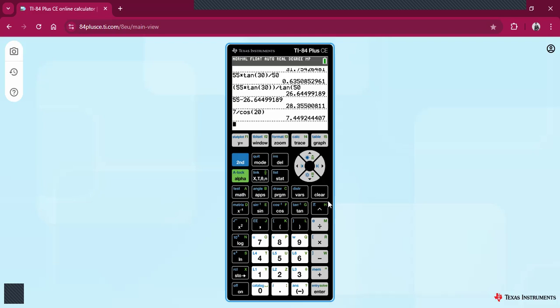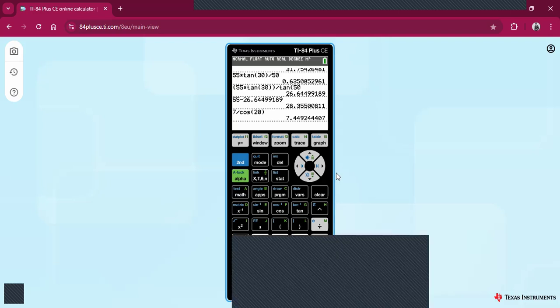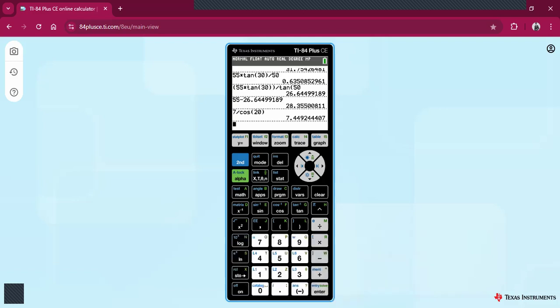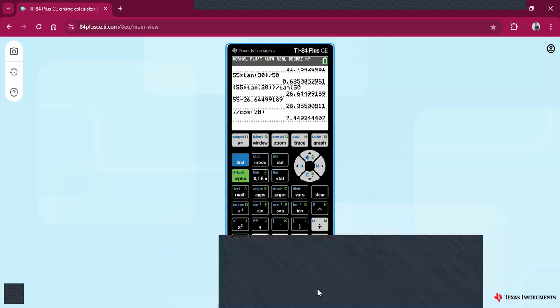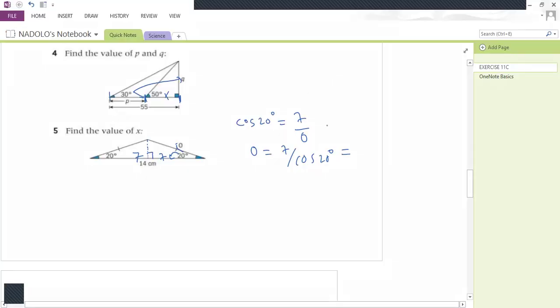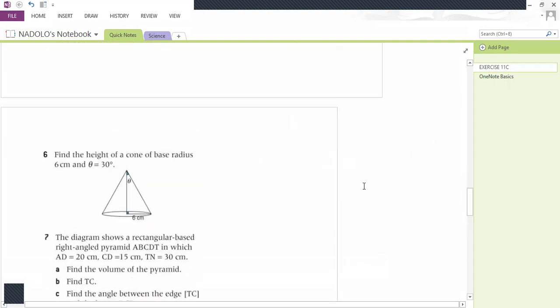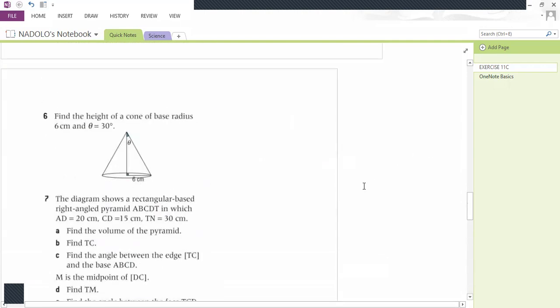So to three significant figures it is 7.45. That will be the value for X. For a missing value, we don't know where X is. But if they made it the hypotenuse, then 7.45 is the answer. Let's move to number 6.